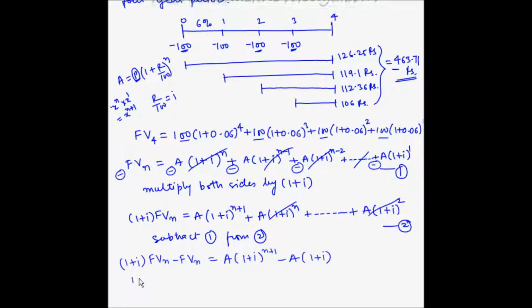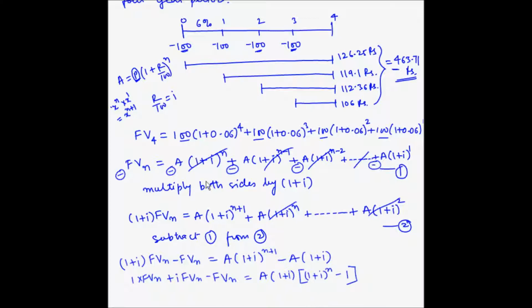So 1 into FVN plus I into FVN minus FVN is equal to, here we can take A into 1 plus I as common, so we get 1 plus I to the power n minus 1.